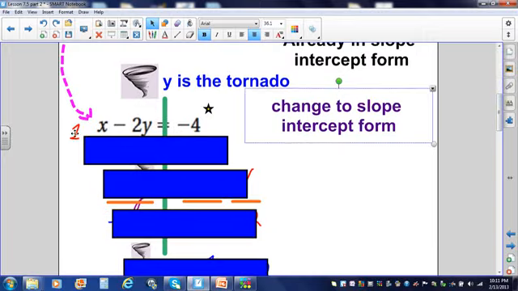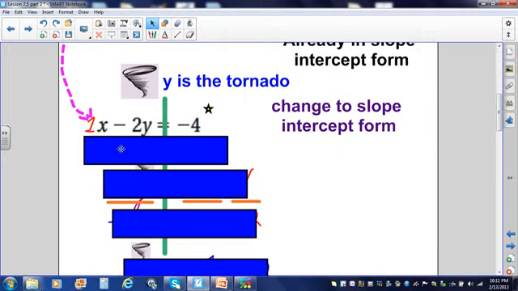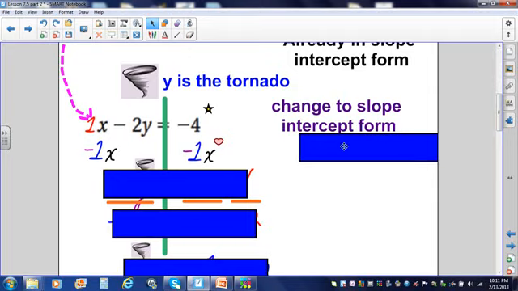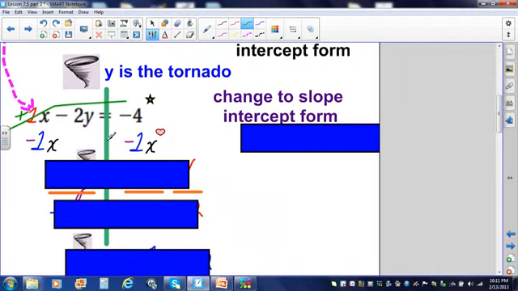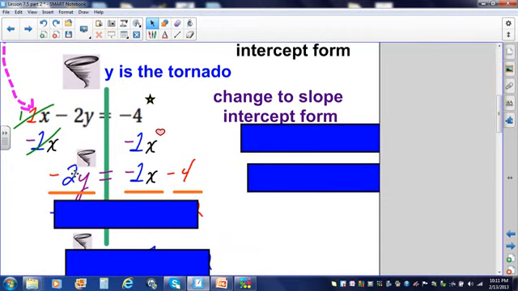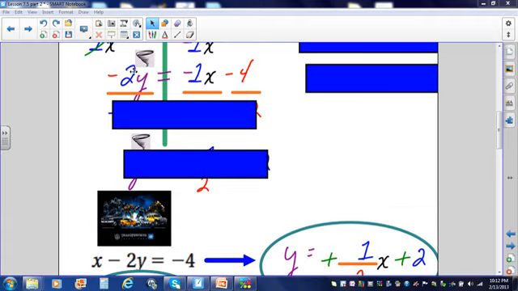I have an invisible coefficient of 1. Y is my tornado, so this is an imaginary spy for the positives. So we're going to subtract 1x on both sides. These will cancel. Now I'm left with negative 2y equals negative 1x minus 4. I'm going to divide every term by a negative 2.